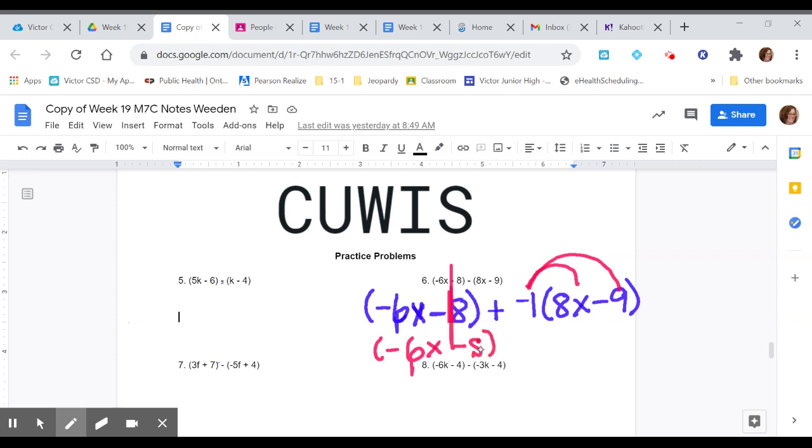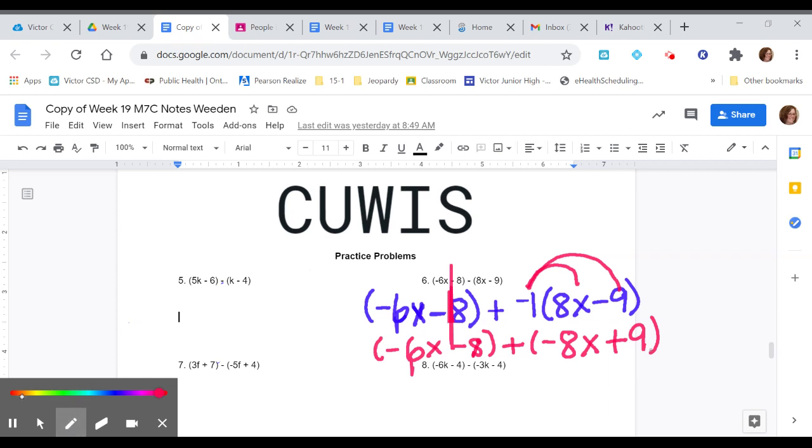And then when I distribute my -1, I've got -1 times 8x, so -8x. -1 times a -9 is a +9.